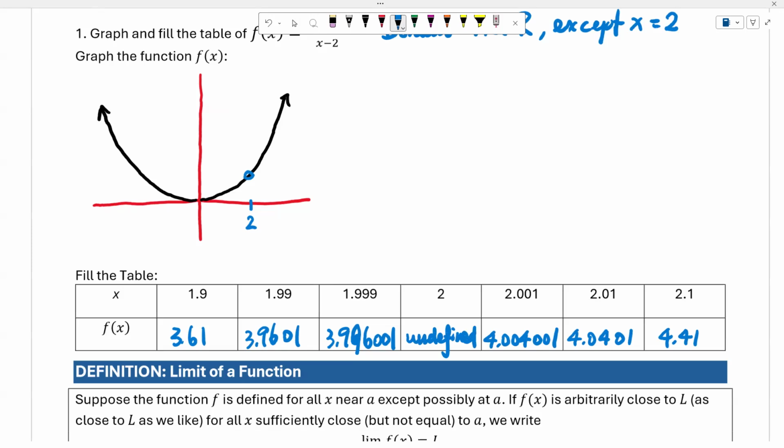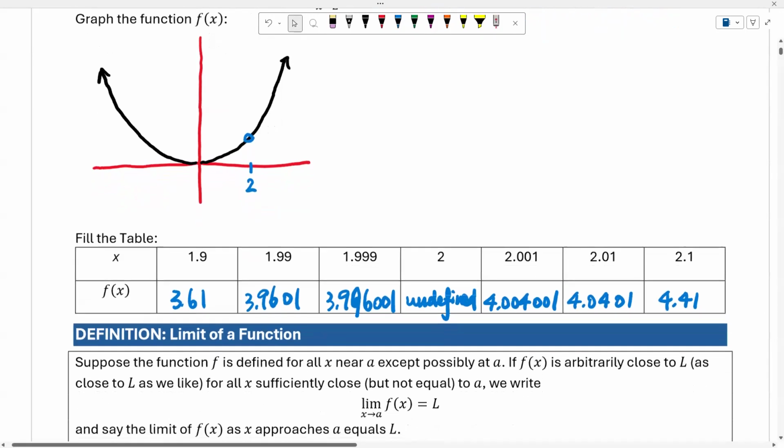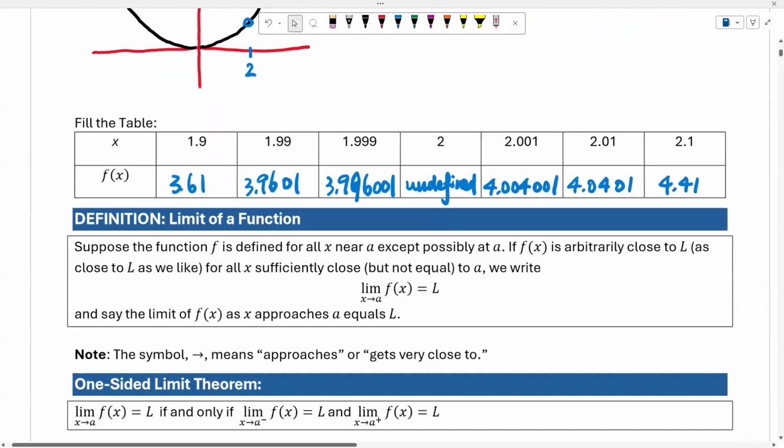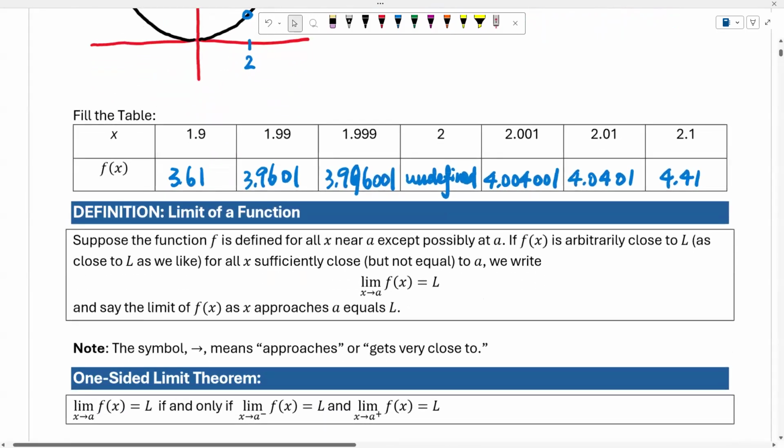Now we are going to talk about the limit of a function then. So is that right here? Suppose the function f is defined for all x near a, except possibly at a.